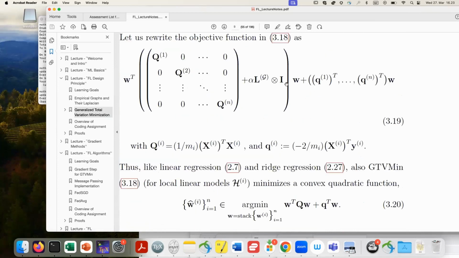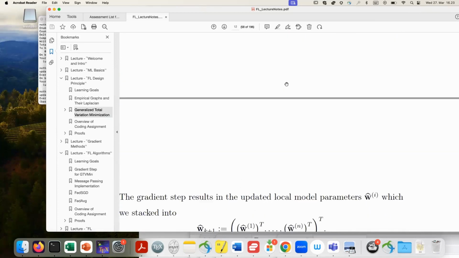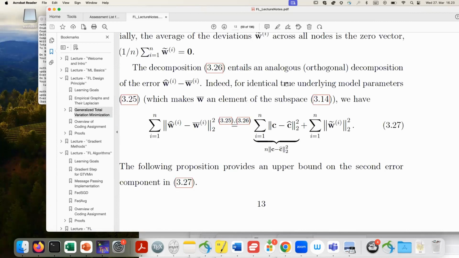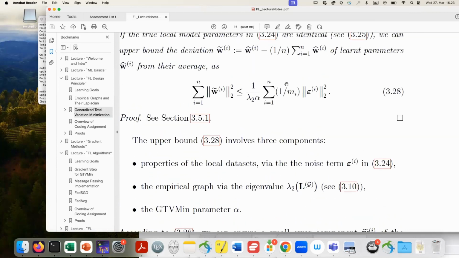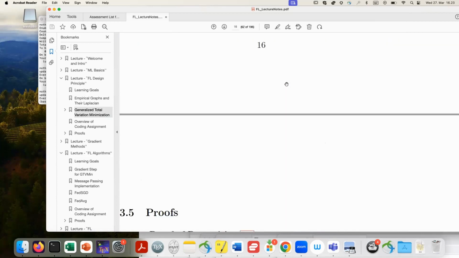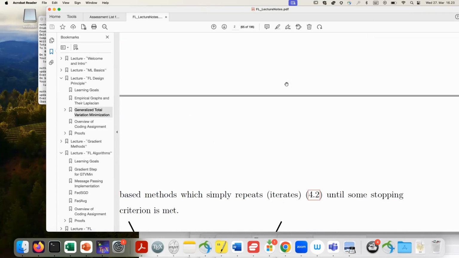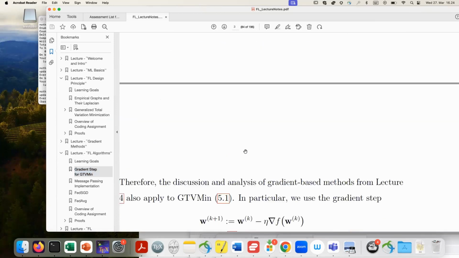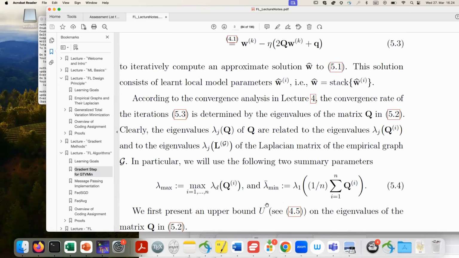I avoided here the estimation error for some reason. Lambda 2, where do I get this lambda 2? Yeah, I think for the gradient methods, when I analyze the gradient methods for GTV minimization, here we have all kinds of different choices of eigenvalues of these Q matrices.